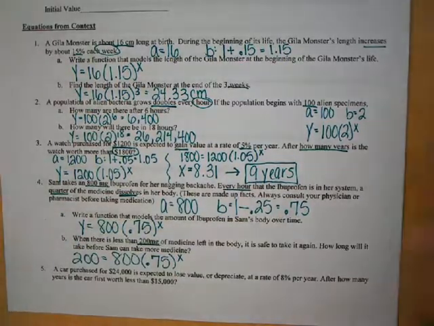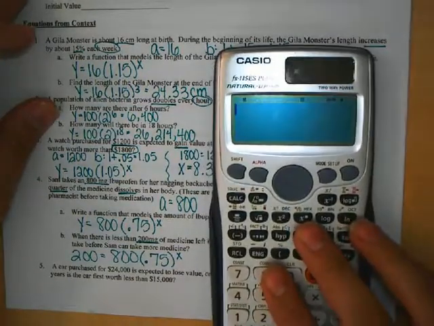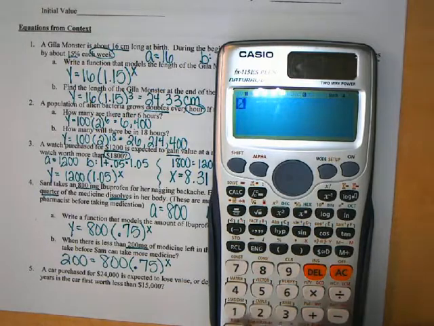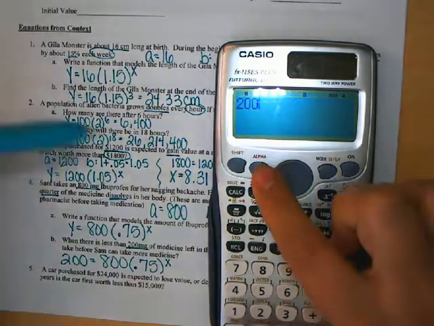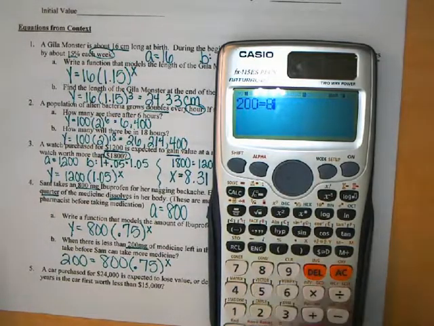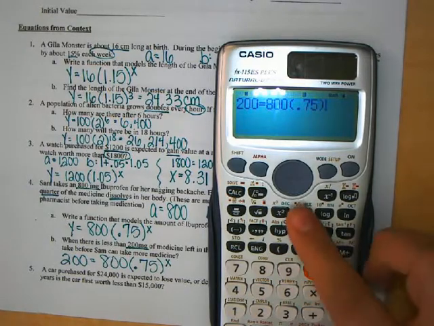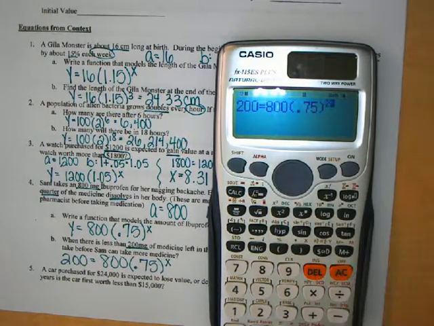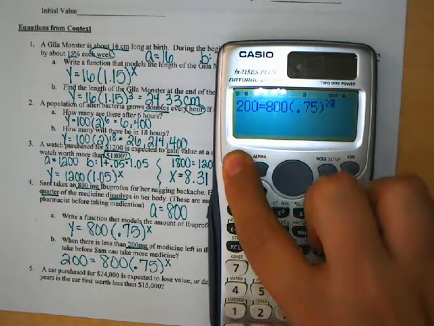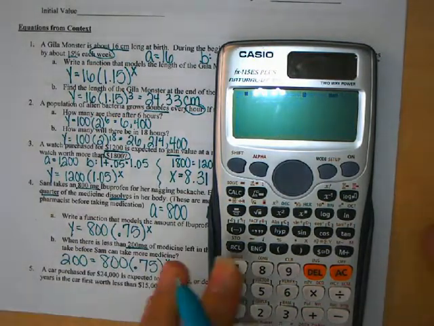So using the Casio calculator, I'm going to type that function in just like how I see it. So 200 equals, remember alpha, to get that red equal sign, 800 times 0.75 to the power of x. We need to tell it to solve, so we're going to hit Shift, Calc, and when it says solve for x, hit enter.